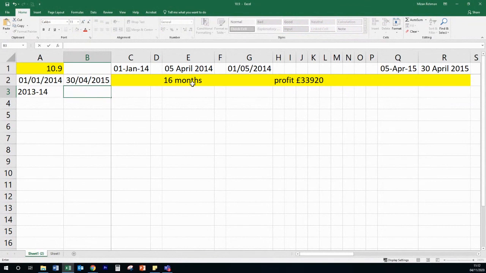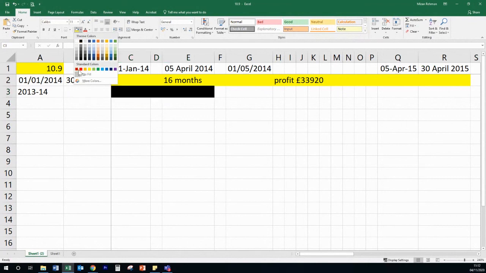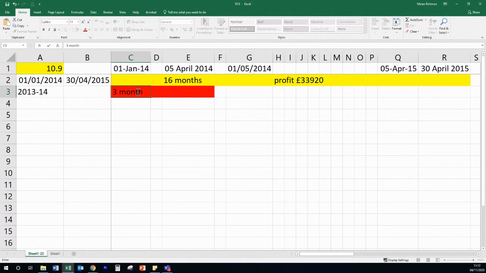I'll write 3 months over there. So months 1, 2, and 3, it ends there. I'm going to give it a color, and I'll write down 3 months, and the profit for this period would be 3 times 16, because it's 3 months out of 16 months, and the profit for 16 months was 33,920. So 33,920 times 3 divided by 16.